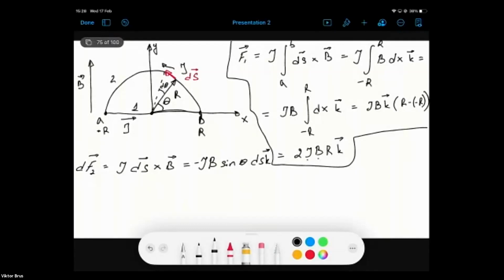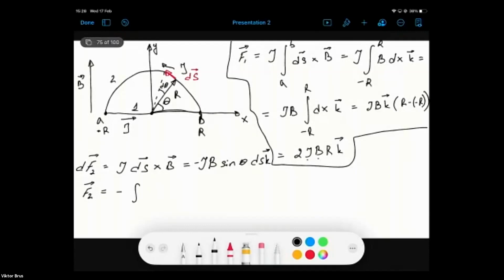Okay, so we have this part, and now we can integrate it in order to get the total magnetic force acting on this second segment of the loop. So it will be F2 equals minus the integral.